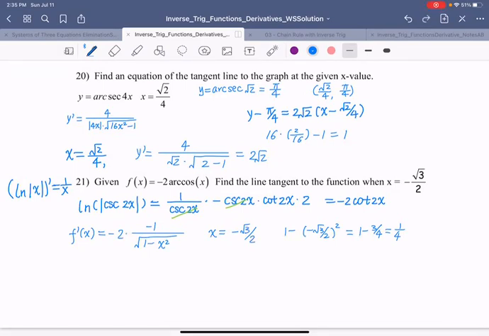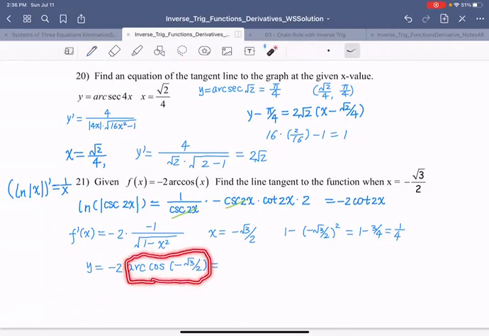So then it's -2 times arc cosine of that. What is this? It's 5 pi over 6. Pi over 6. So this is -2 times pi over 6. This is negative pi over 3, correct?